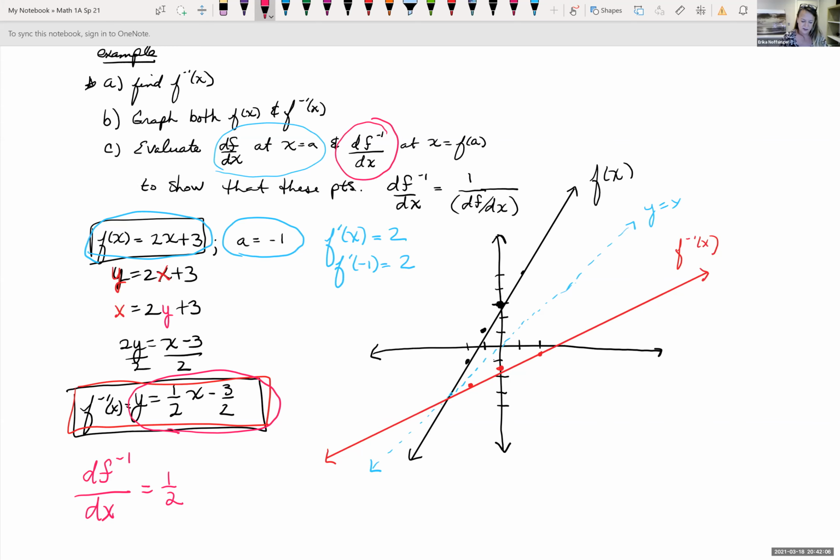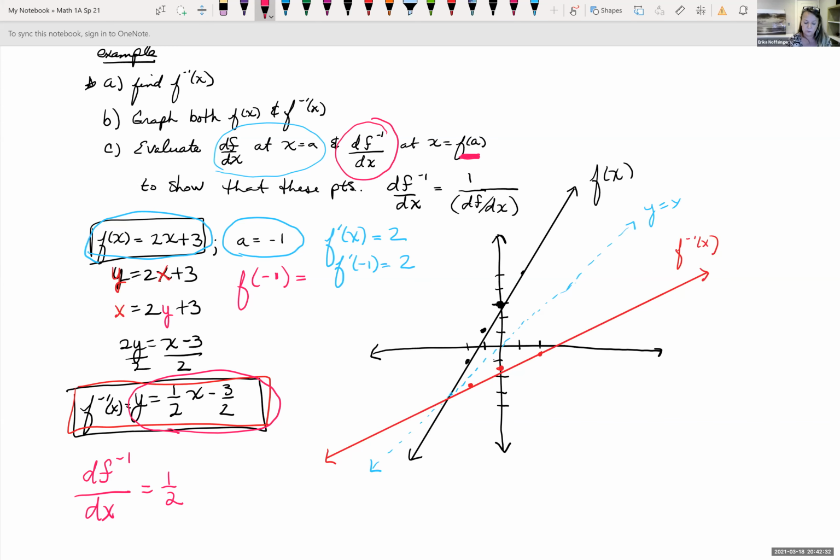And if I evaluate this at my y value, so recall f of -1, well, let's look at what f of -1 is. And x equals f of a.